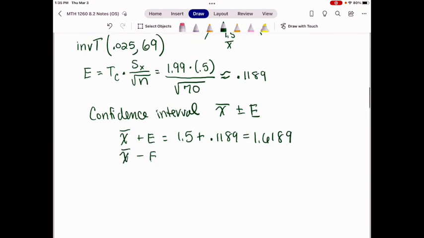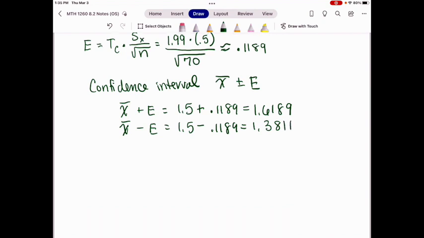When I take x bar and subtract my error to get the lower end of my interval, I'm going to take 1.5 minus the 0.1189. That's going to give me 1.3811. So now our confidence interval is going to go from 1.3811 to 1.6189. This is our confidence interval.